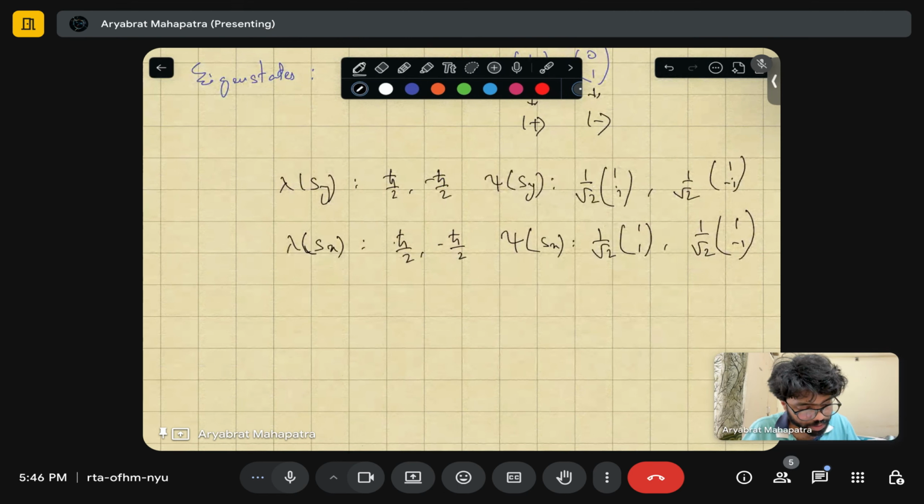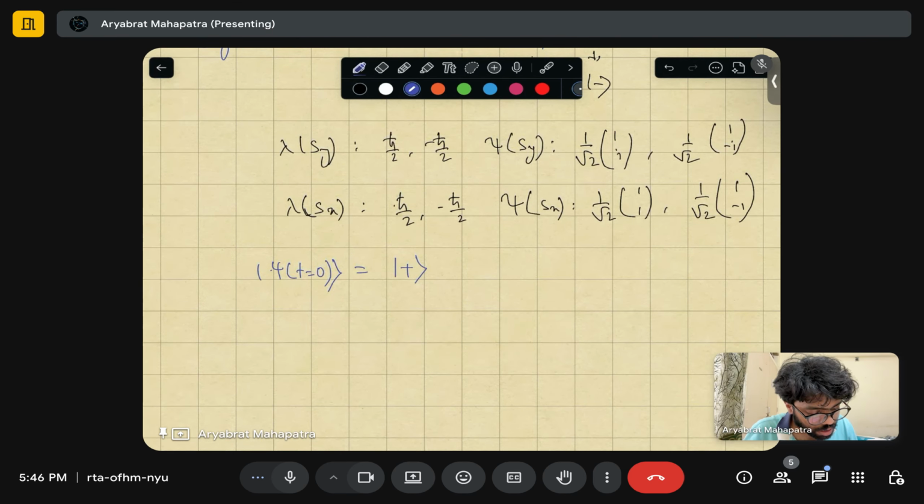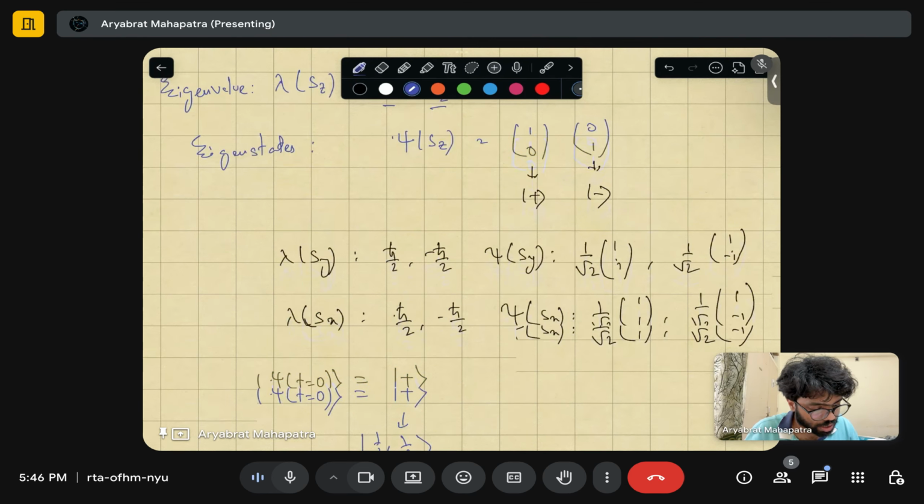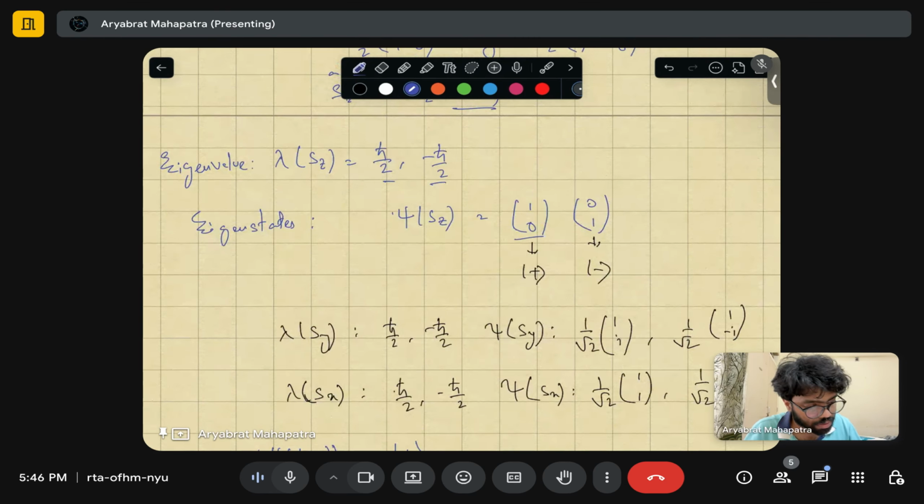Coming back to our question. So at t equals 0, we have this state, which is (1, 0) for the Sz. This is what we have.